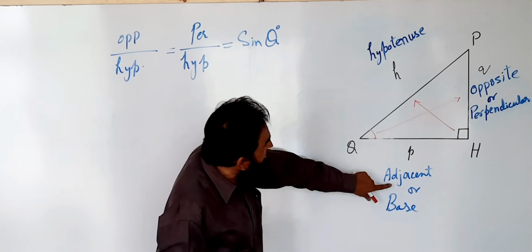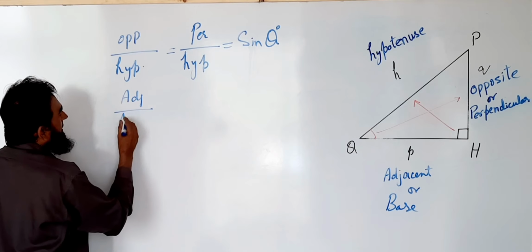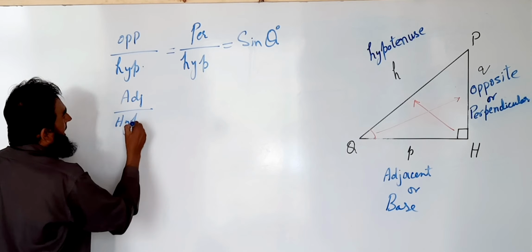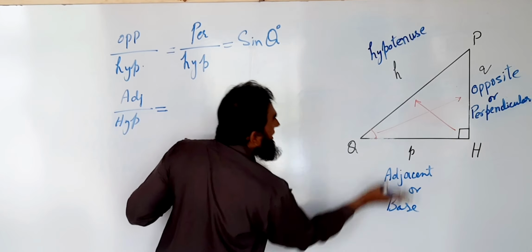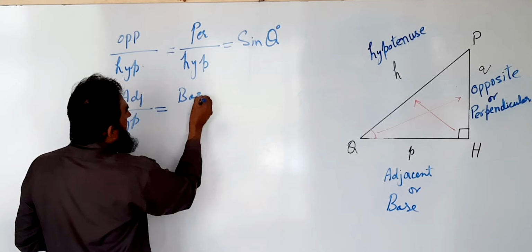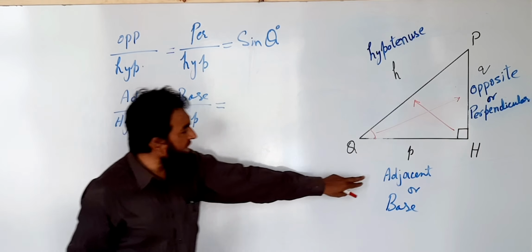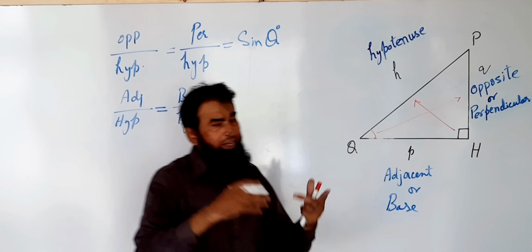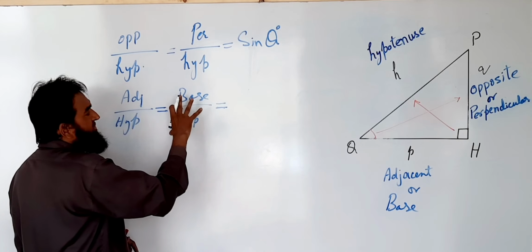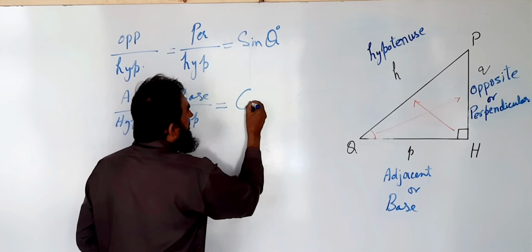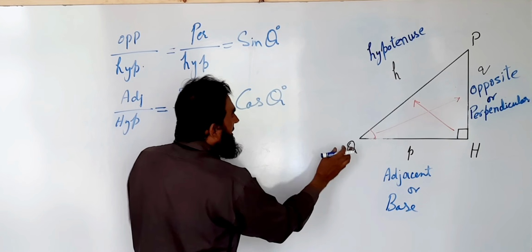Adjacent over hypotenuse, or some people say base over hypotenuse, whatever name you give these sides, adjacent or base, opposite or perpendicular, it's up to you. The name of this ratio is cos of angle Q, because we are considering angle Q at this time.